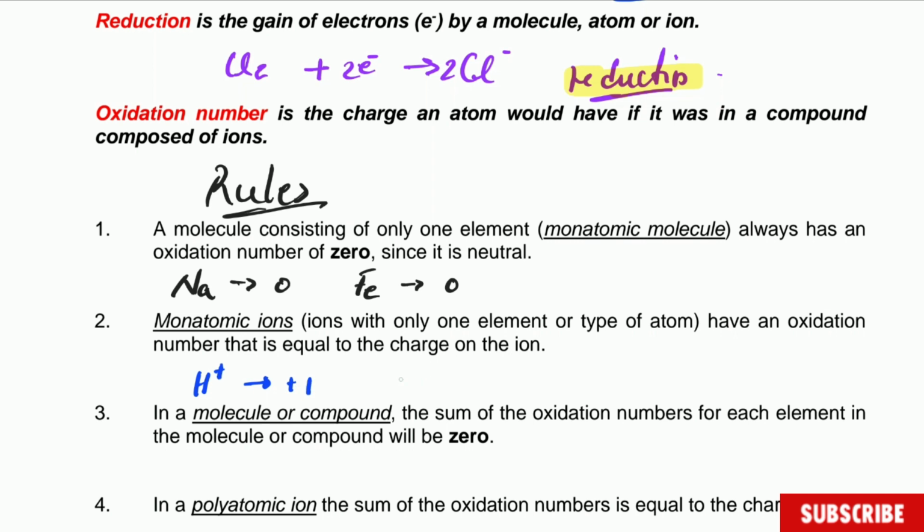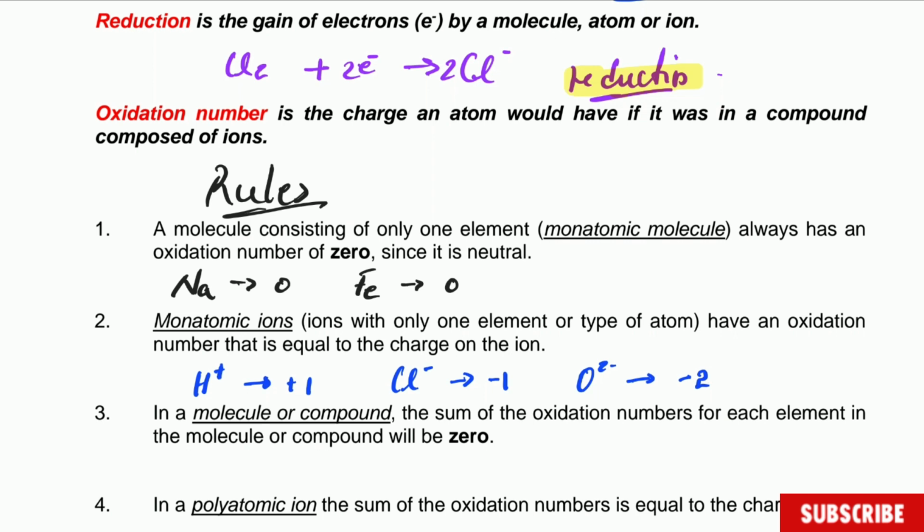If we go to the monatomic ion Cl minus, the oxidation number is minus 1. If we have a monatomic ion of, for example, O2 minus, which is oxide, the oxidation number is minus 2. And I think you got the idea here, guys.